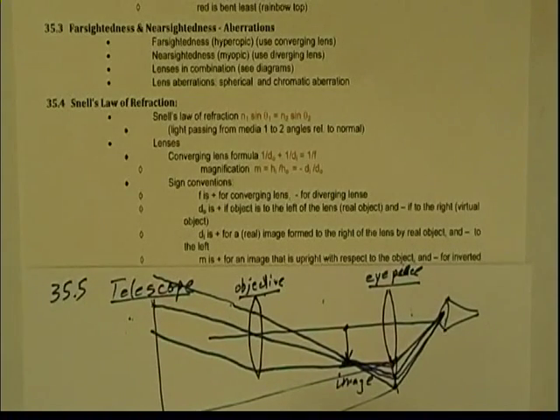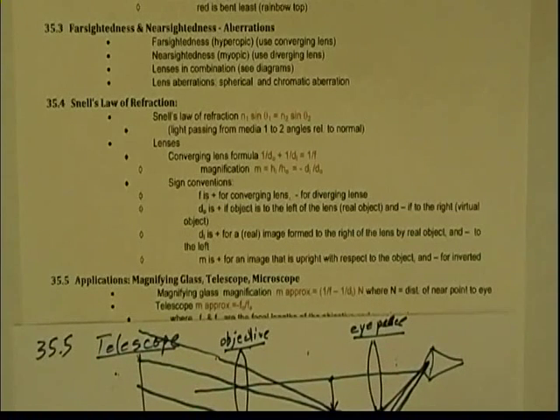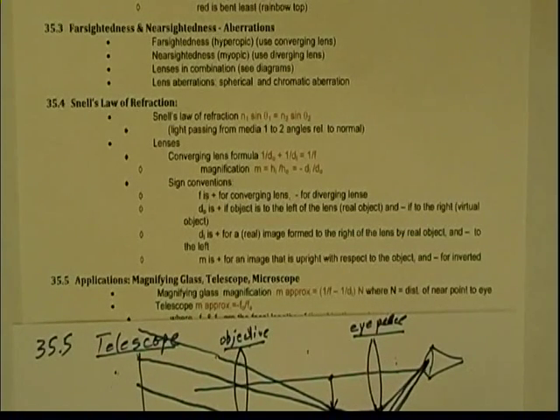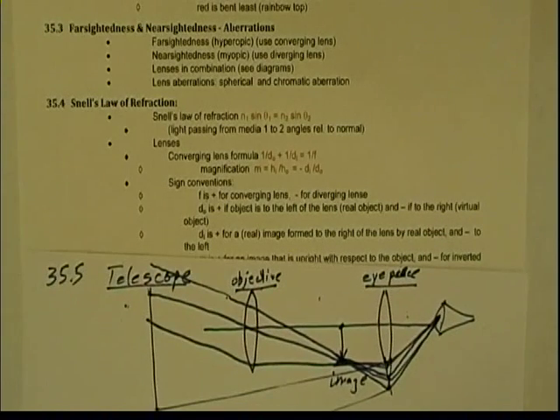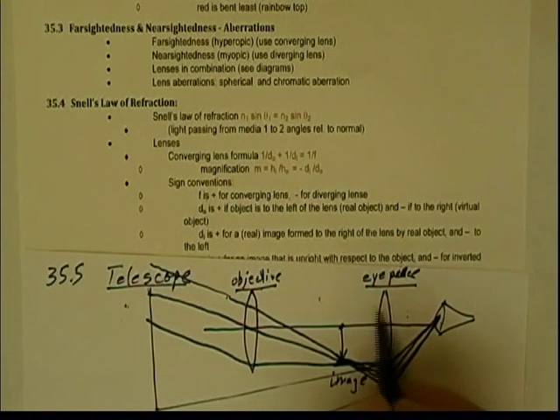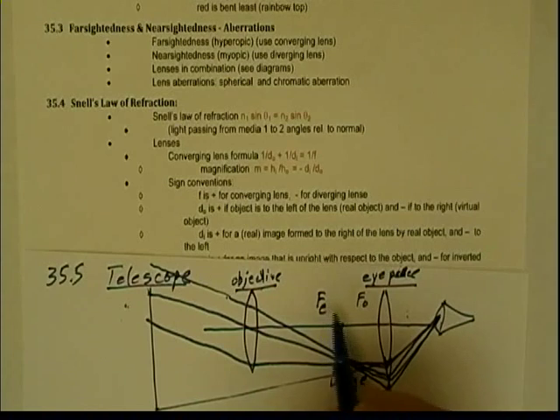the magnification is given by the negative of f0 over fe, where f0 and fe are these two points.